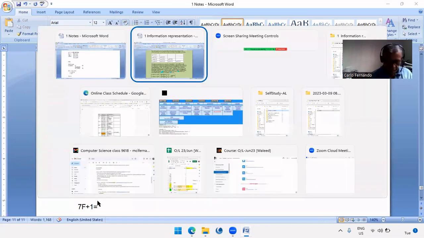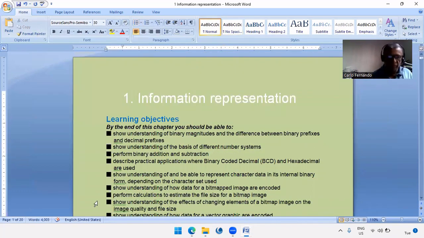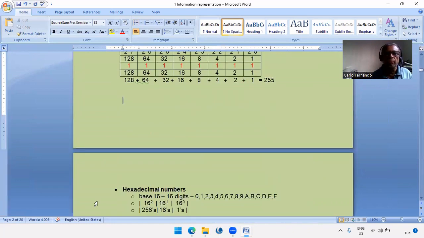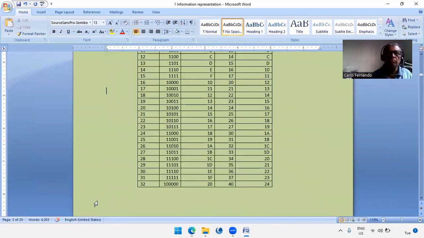Go to the counting. We did it the first day. There is no 7F, but let's take 1F. After 1F, what happens? It's 20. If it is after 7F, what will happen? It's 80, no?